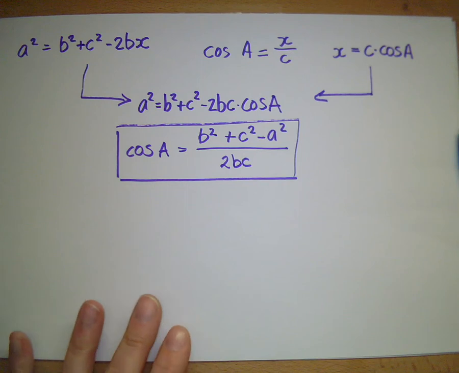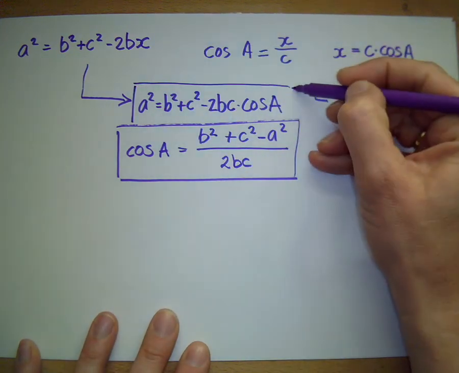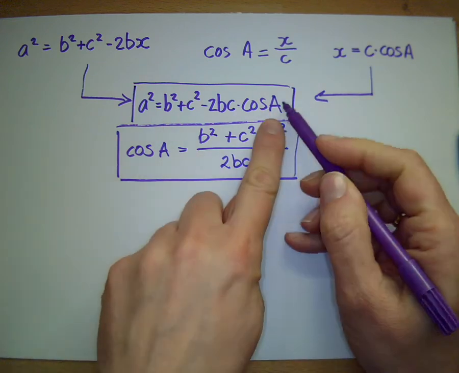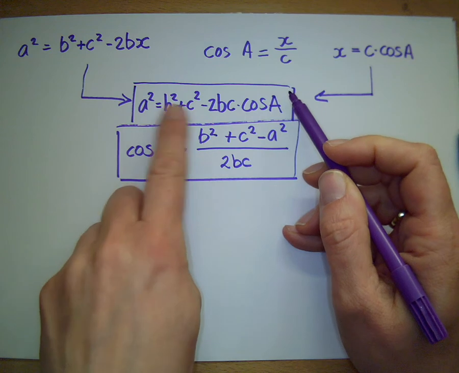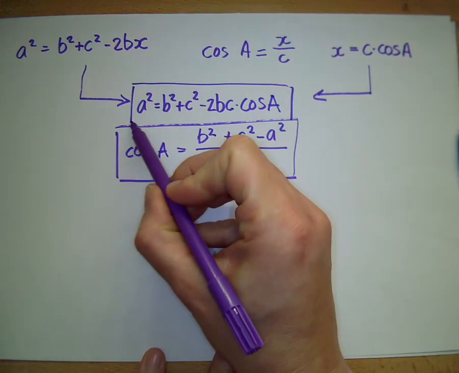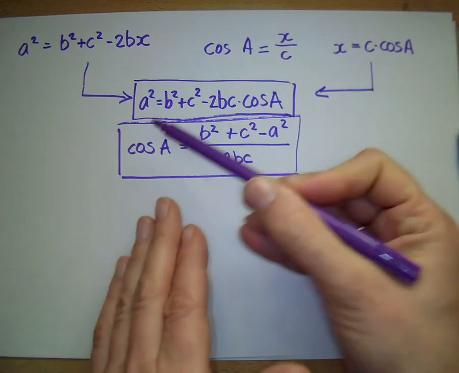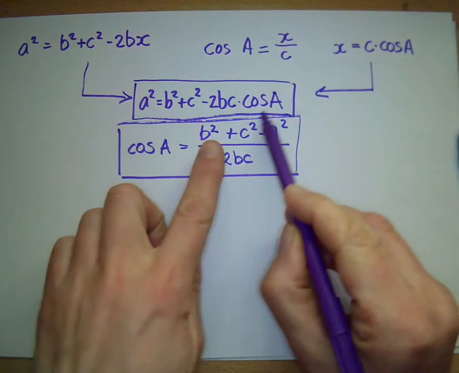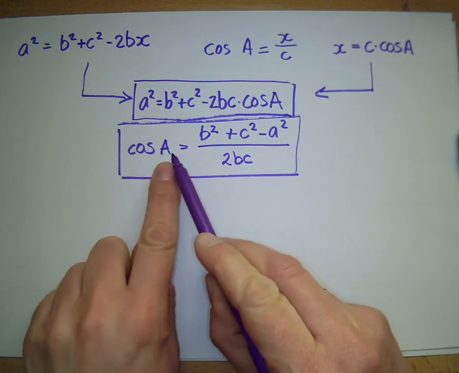Now that is a useful equation that uses one angle, A, and 3 sides, A, B, C, right? I can rearrange these terms if I want cosine of A by itself to make that the subject of the equation.